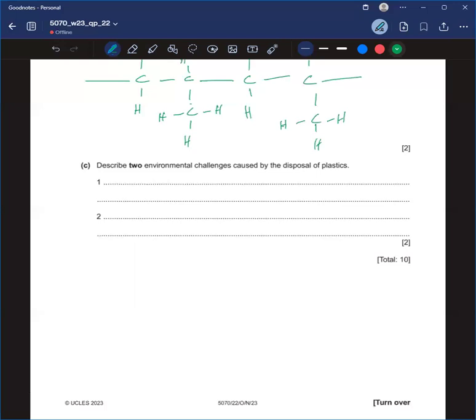So we can write that when the plastic is burnt, toxic gases are formed during burning, and two could be landfills.